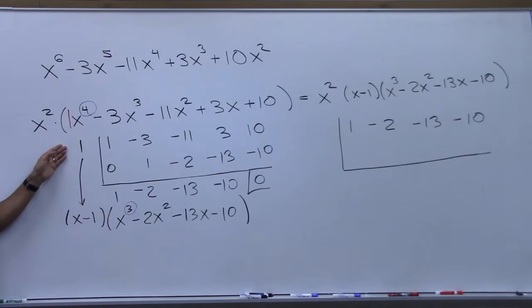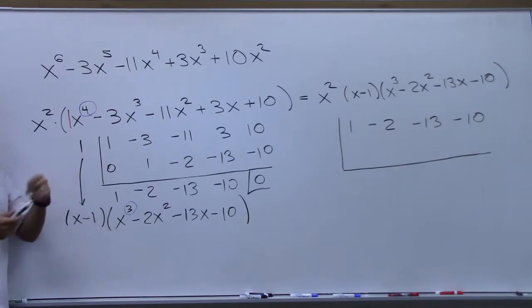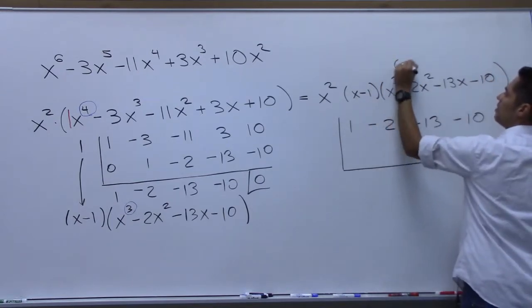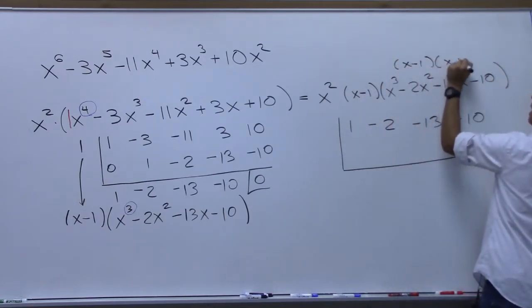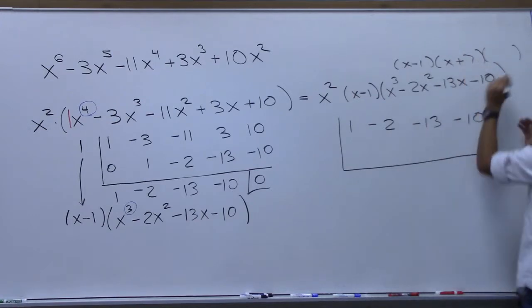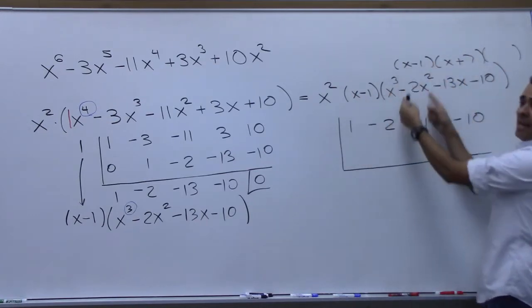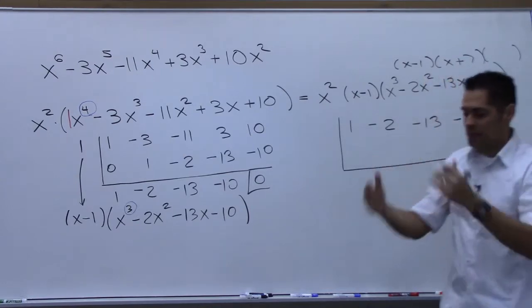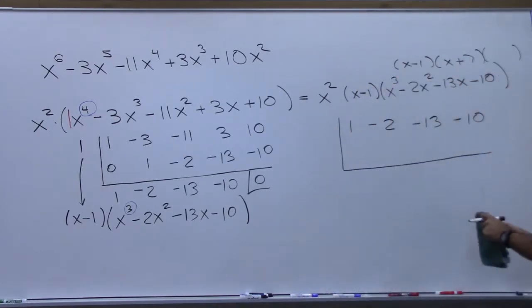So 1 worked, right? That does not mean I should now start at -1. I need to go back and check 1 again because 1 could actually happen more than one time. It could turn out, we don't know yet, that this right here is x minus 1 and then let's say x plus 7, and then something else. It could turn out that you have x minus 1 again, like a repeated factor. So squared, exactly. So we have to check 1 again. Understand?